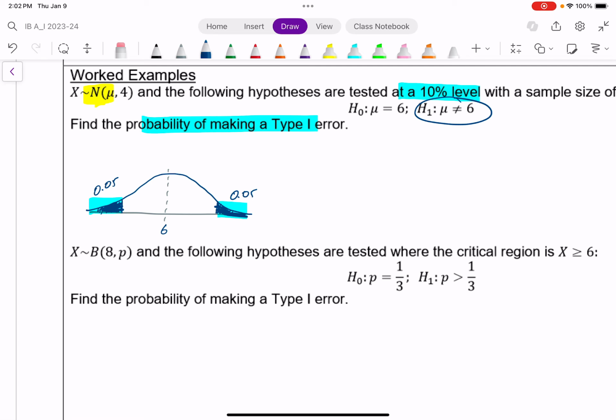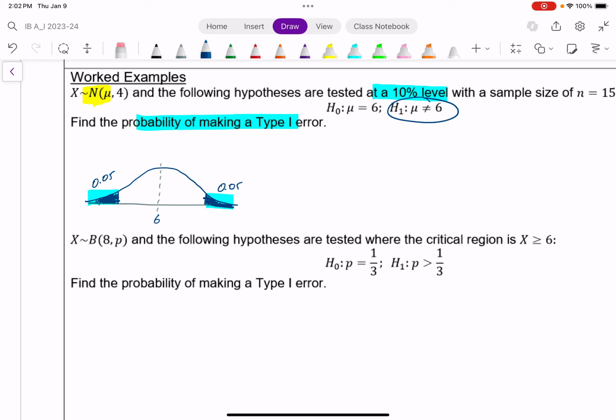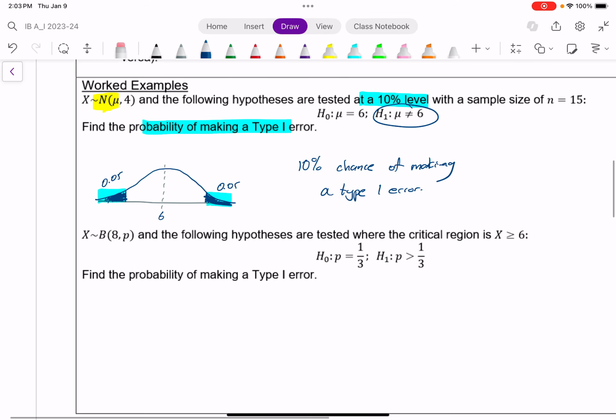Put all together, it's 10% of the entire area. And so the probability of us making this mistake is 10%. So there is a 10% chance of making a type 1 error.